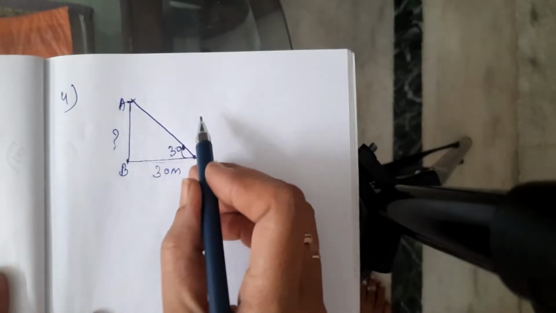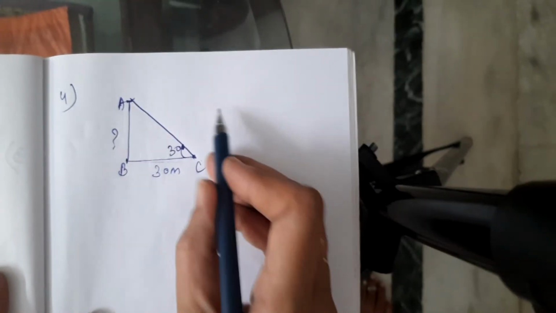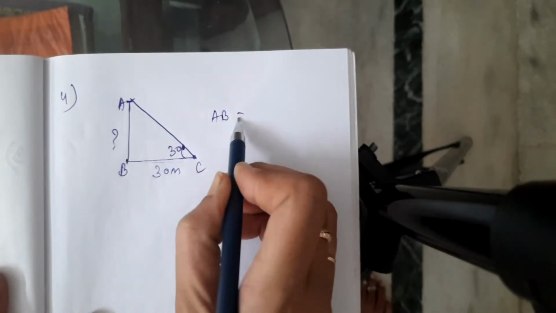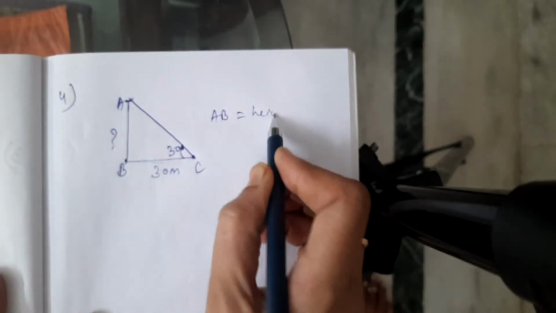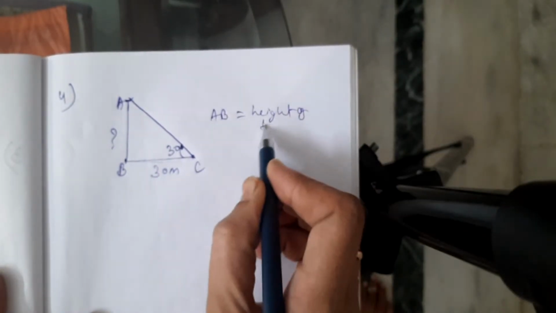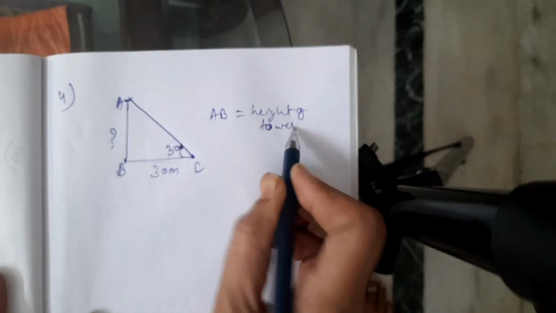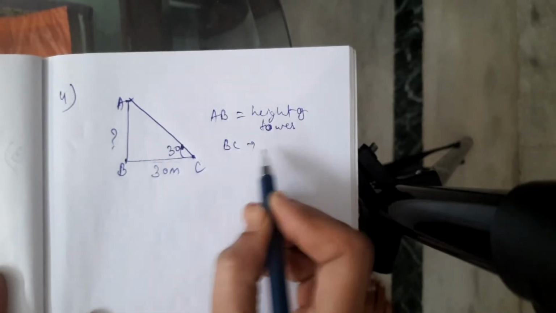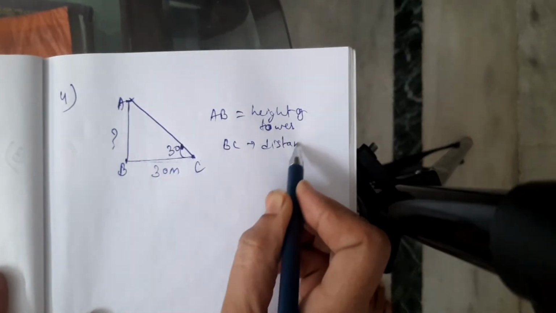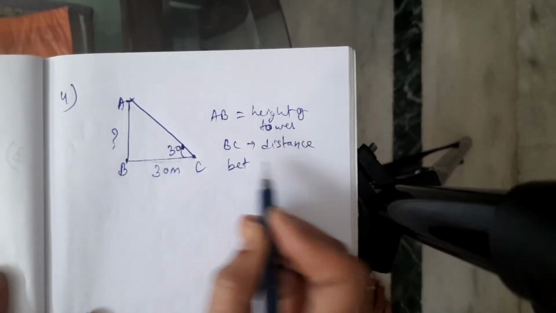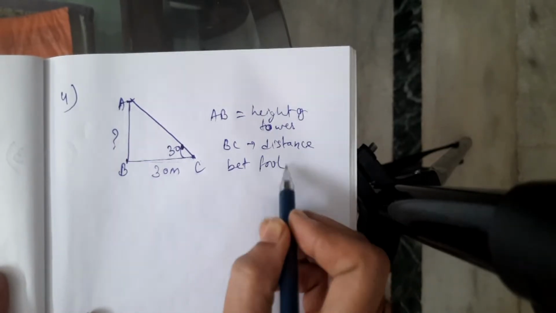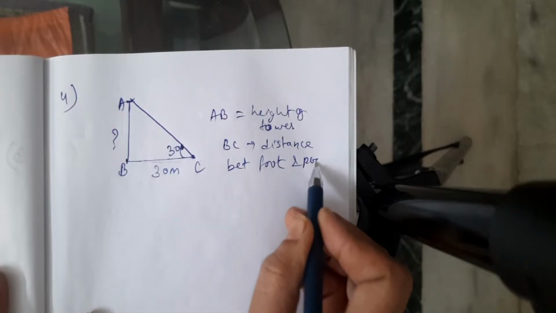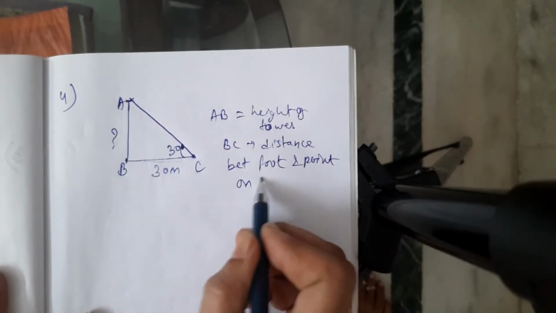Now again we will make out the statements: AB is the height of tower, BC is the distance between foot of the tower and point on ground.